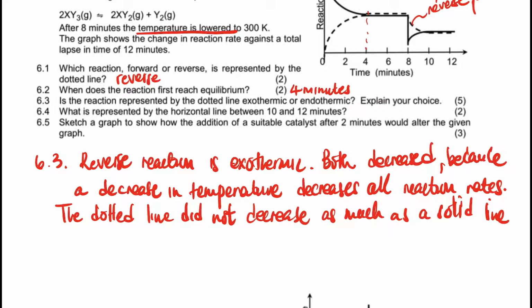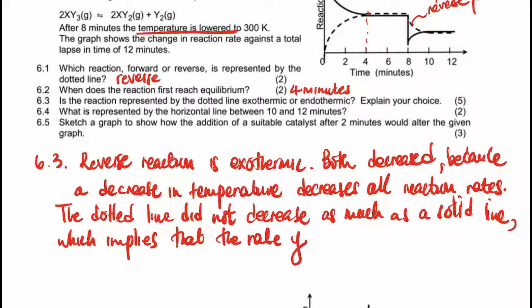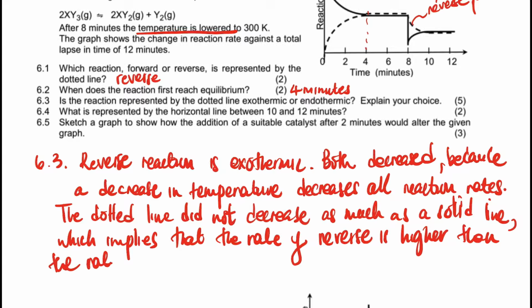I've already mentioned that if you look at the solid line, it decreased more there, and the dotted line did not decrease as much as the solid line. So let's continue explaining. What does it mean? Which implies that the rate of reverse is higher than the rate of what?